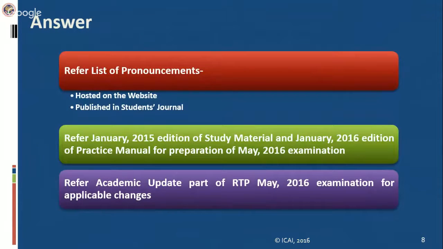Refer to the list of announcements hosted on the website and published in the Students Journal. For any academic update, you may refer to the RTP for May 2016 examination.